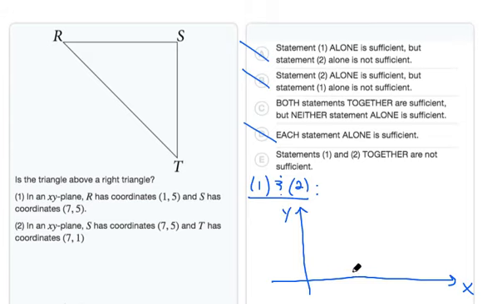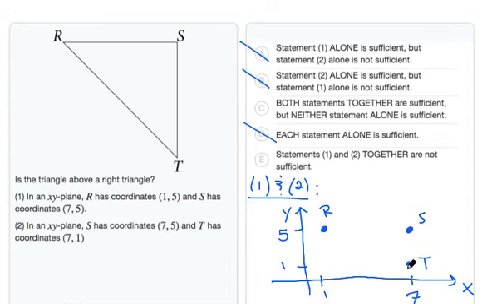We have R located at 1, 5, and let's label that. We have S at 7, 5, so we can label that. And T is at 7, 1, so we can label that.